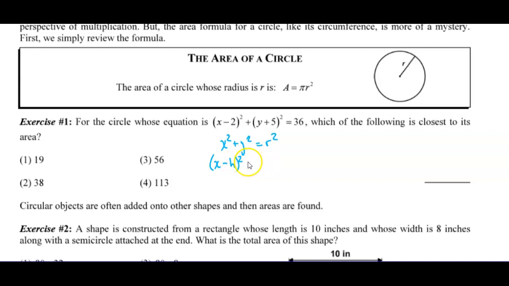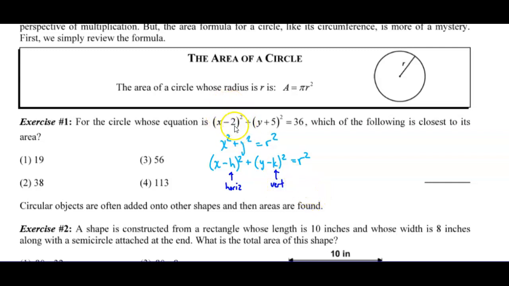So we have that component, and we also can shift the y coordinate vertically, and that still equals radius squared. So what the h and the k are showing, this h is a horizontal shift, and the k is a vertical shift.